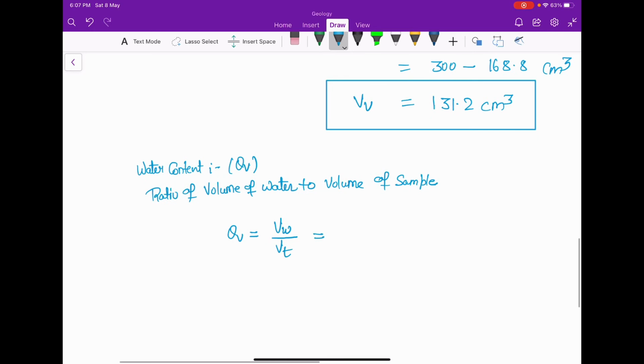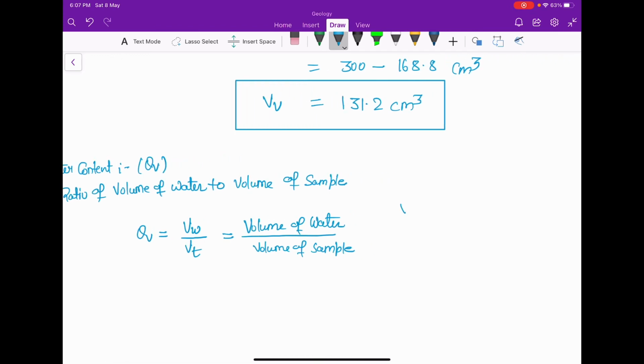So VW is the volume of water, and VT is the volume of the sample, that is the total volume of the sample. VW is equal to the weight of water divided by the density of water.